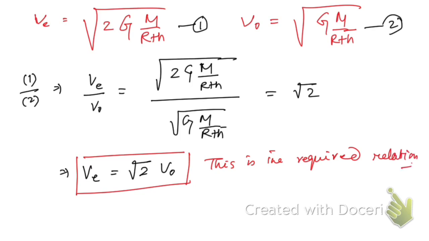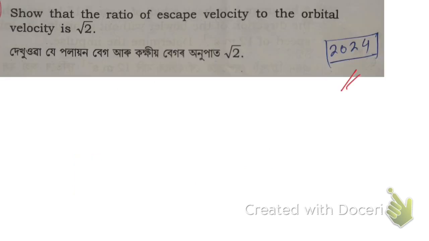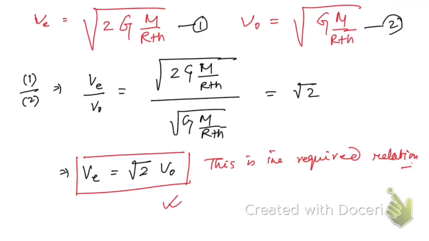Now you see, this same question was asked in 2024 also, but in a different manner: show that the ratio of escape velocity and orbital velocity is root 2. From here you can obtain the ratio.